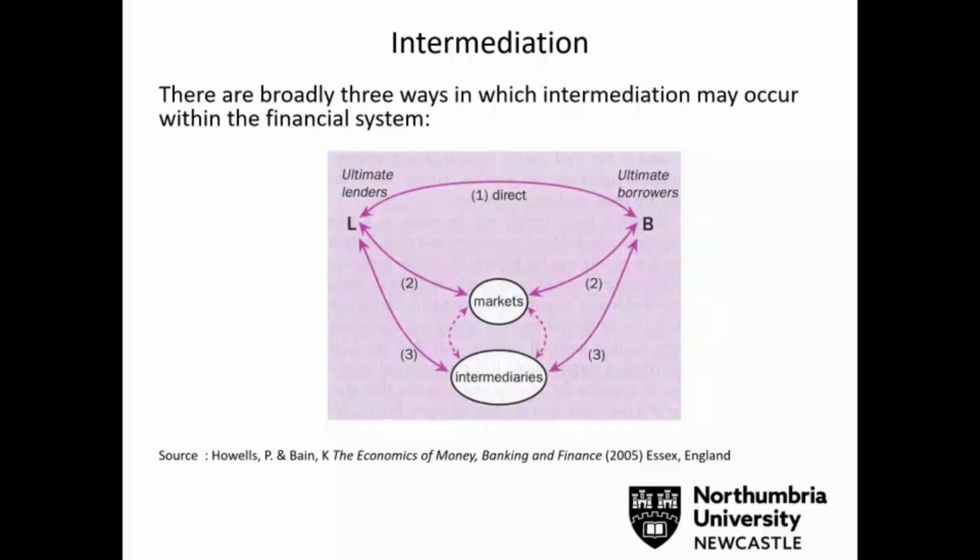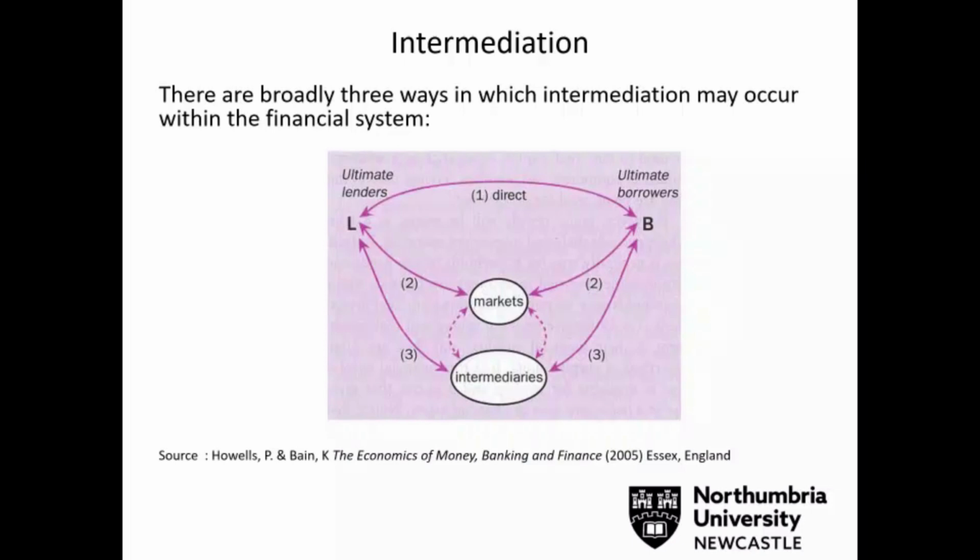So the direct route doesn't really exist in the conventional sense, but nowadays with the development of technology and the likes of crowdfunding platforms, this is really starting to chip away at the intermediary process, because typically direct lending didn't exist until the likes of crowdfunding.